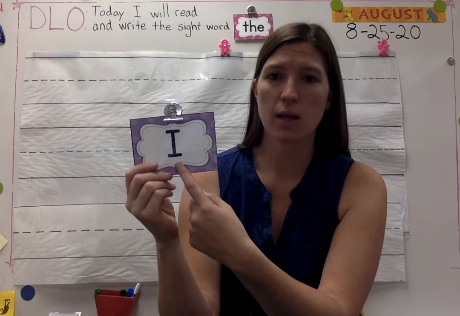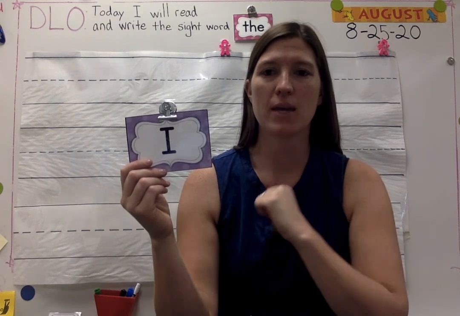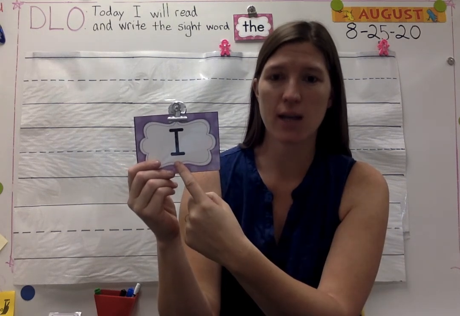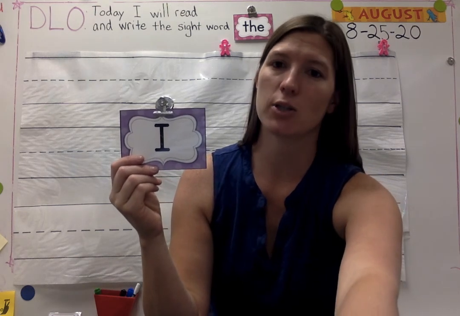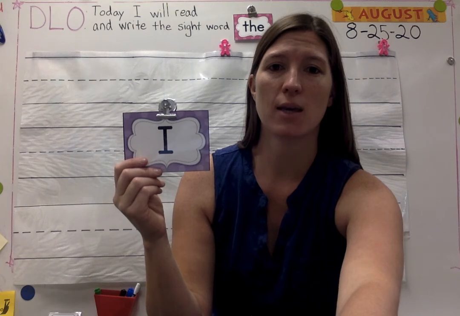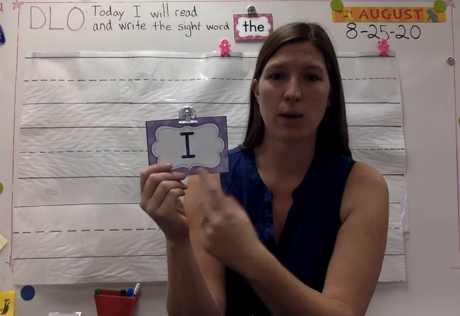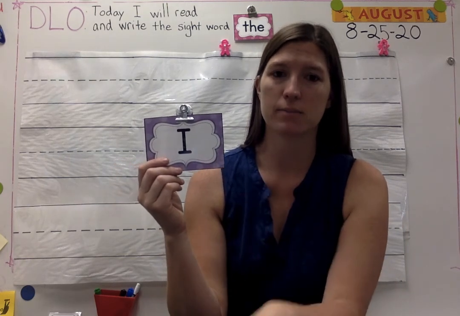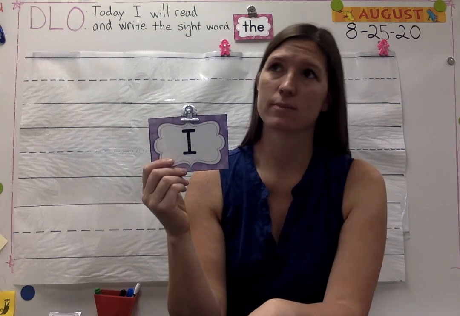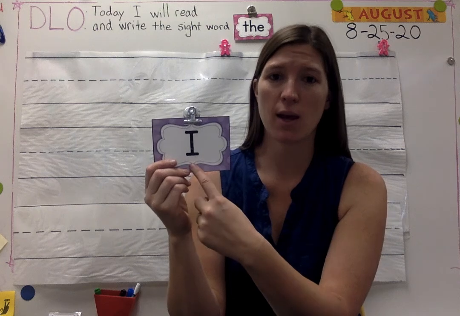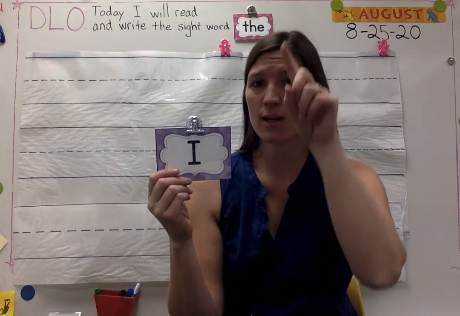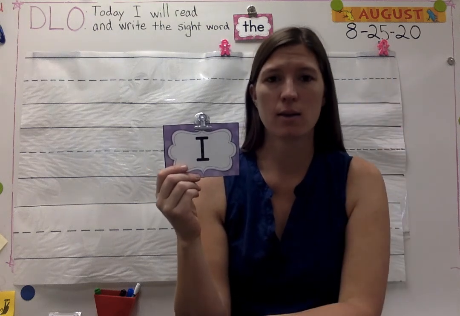Capital I spells I and I is about me. M-E. Capital I spells I and I is about me. M-E. Capital I is a letter and a word that's about me. Capital I spells I and I is about me. M-E. I use sentences all the time that start with I. I like the stars, I like to watch them in the sky.